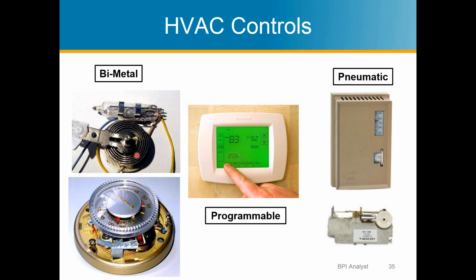So bimetal, what this means is there's two different metals. On this coil here, there's one type of metal on the inside and a different type of metal on the outside, and they're sandwiched together.